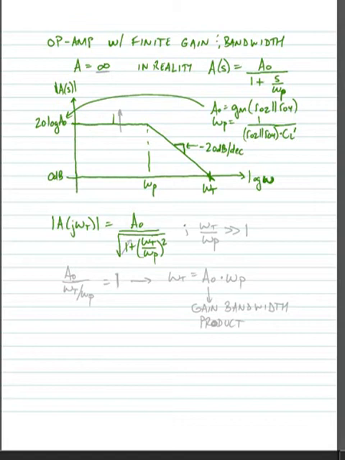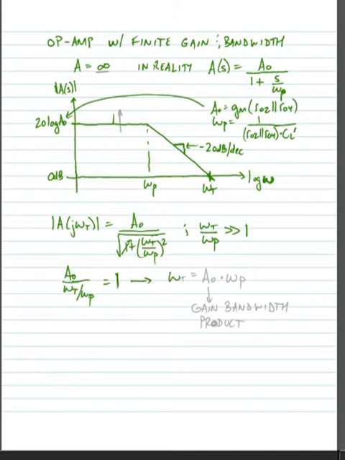Now, what we're going to do is assume that omega t, our transition frequency, is at a much higher frequency than our pole frequency. So we're saying omega t over omega p is much, much larger than 1. And if we do that, then we can ignore the 1 here. And we can simply say that A sub 0 divided by omega t over omega p is equal to 1. So this is the gain at omega t is equal to 1.